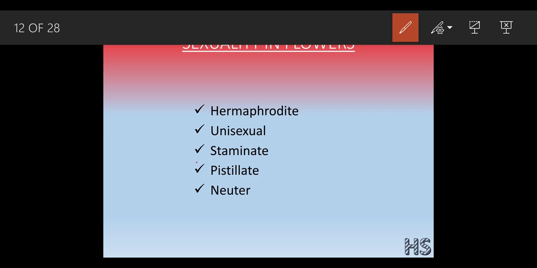The word staminate goes for the male part, which we also call the androecium. If a flower is male, we call that flower staminate. How could we identify staminate?